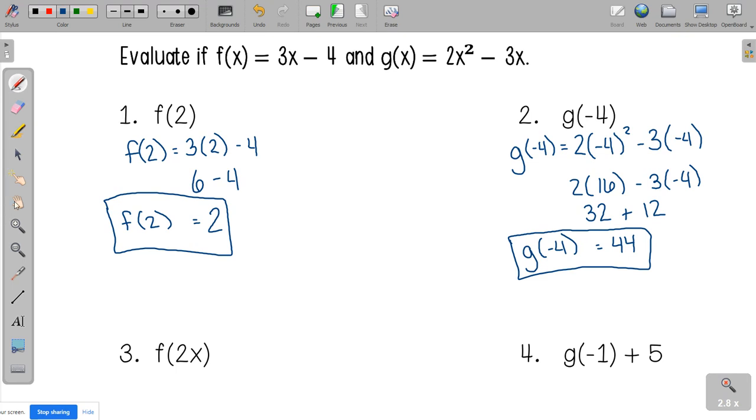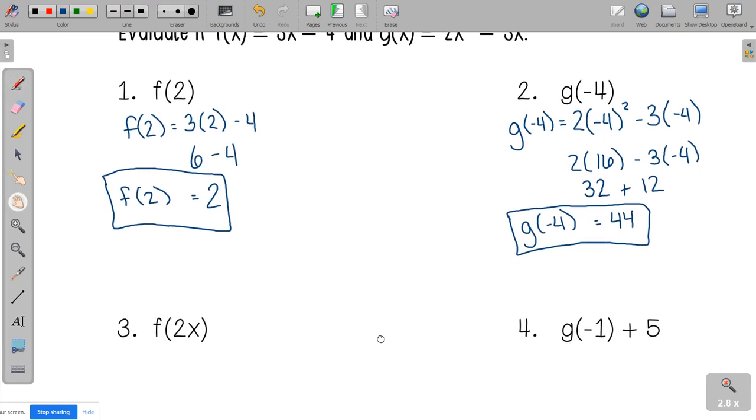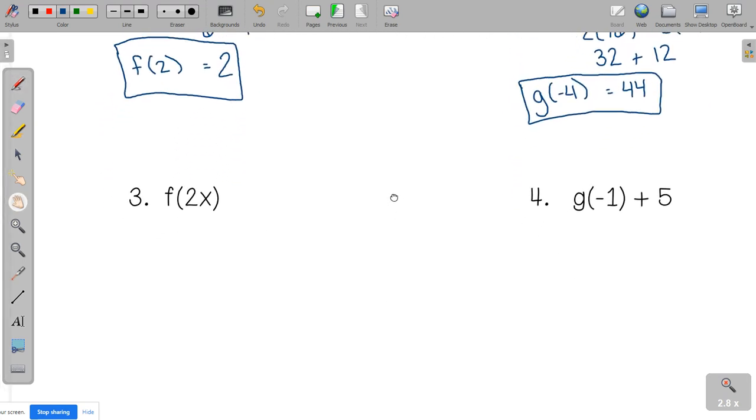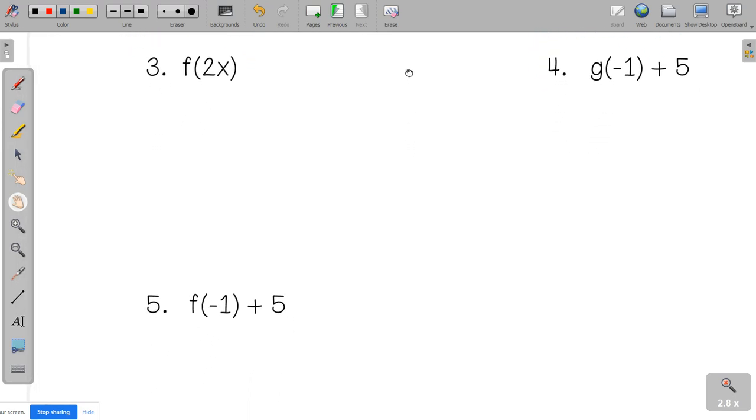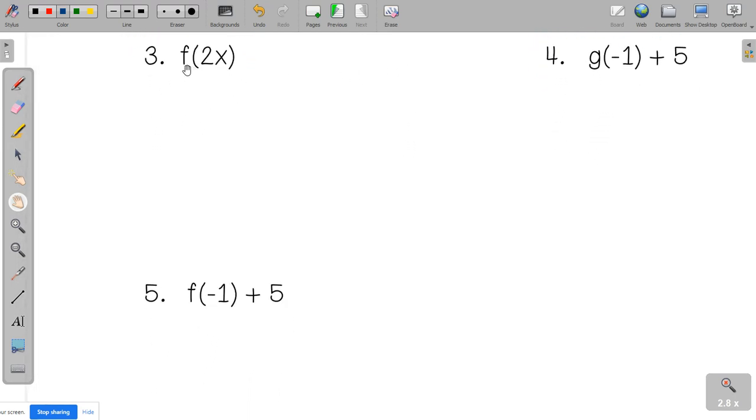Let's look at the next one. Number 3 states that we're doing the function f, so let's rewrite the function f. So f of x equals 3x minus 4. But instead of x, we're replacing it with 2x.